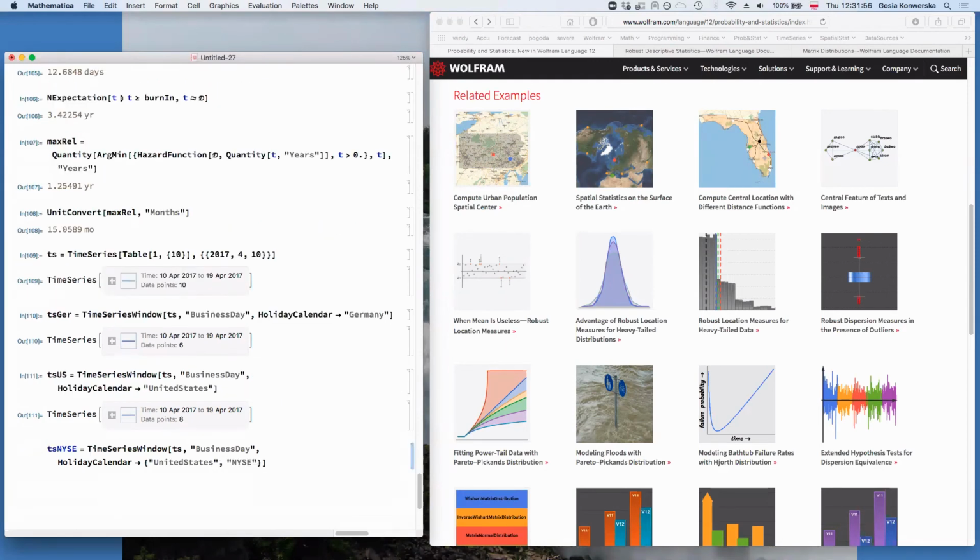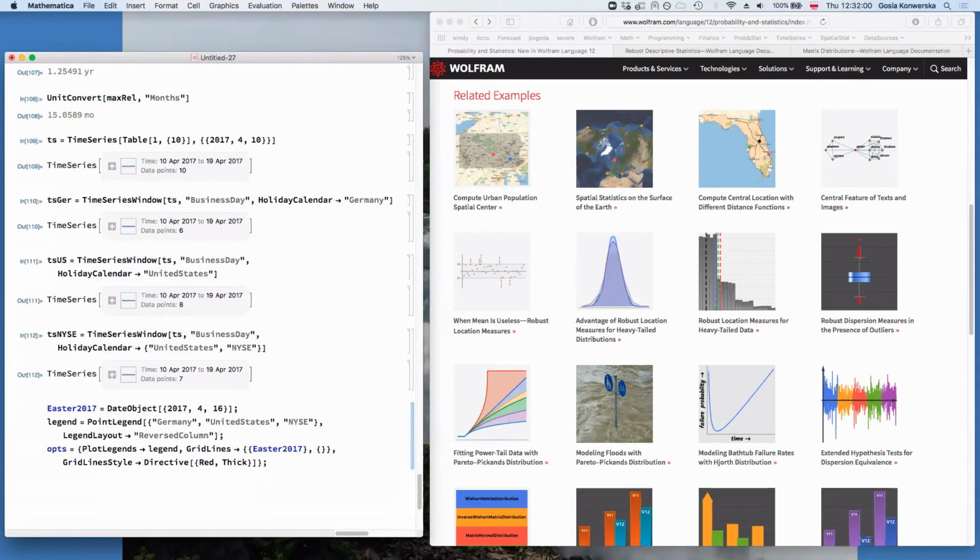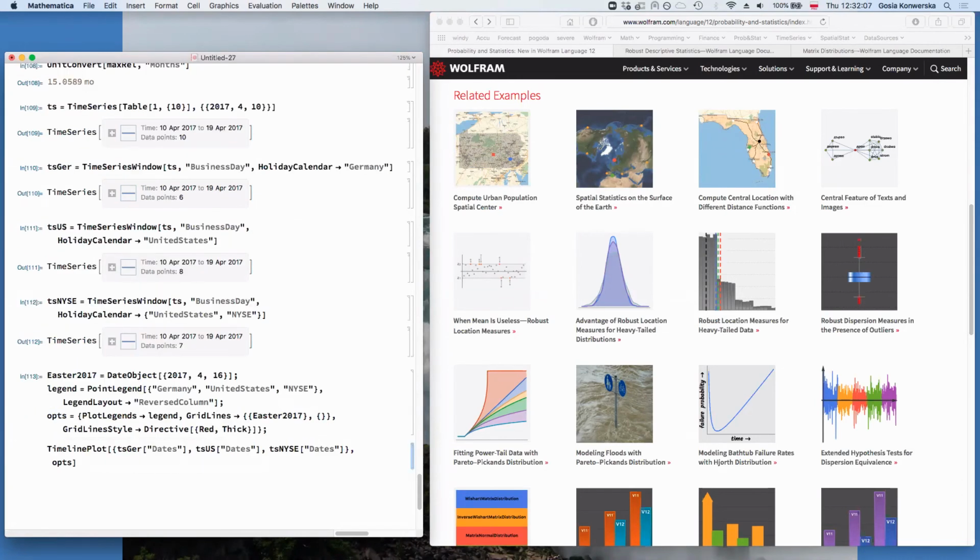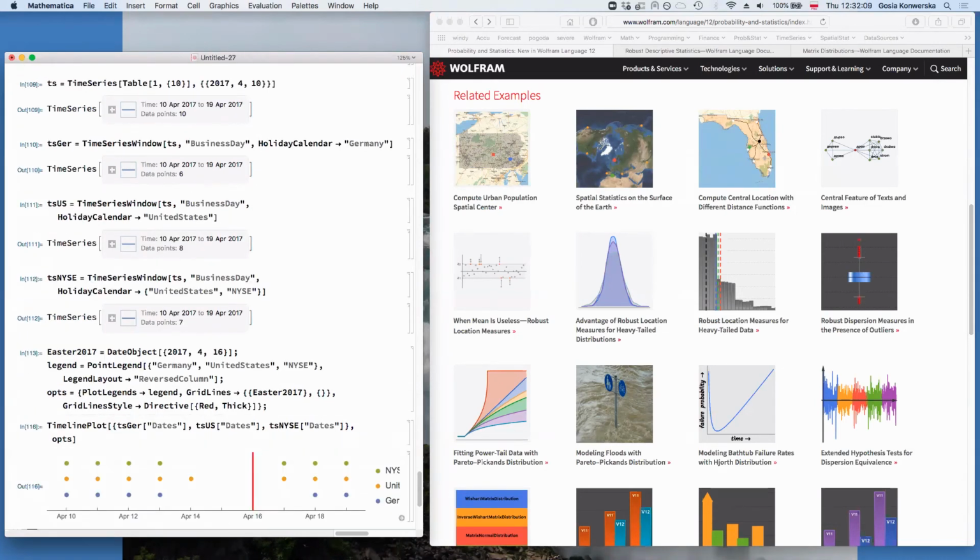What are the working days of the New York Stock Exchange? Right? And then we need 2 lines to plot this. So you can see that every one of these time series actually gives us a different answer with respect to what the business days are in different countries or according to different calendars or schemes.